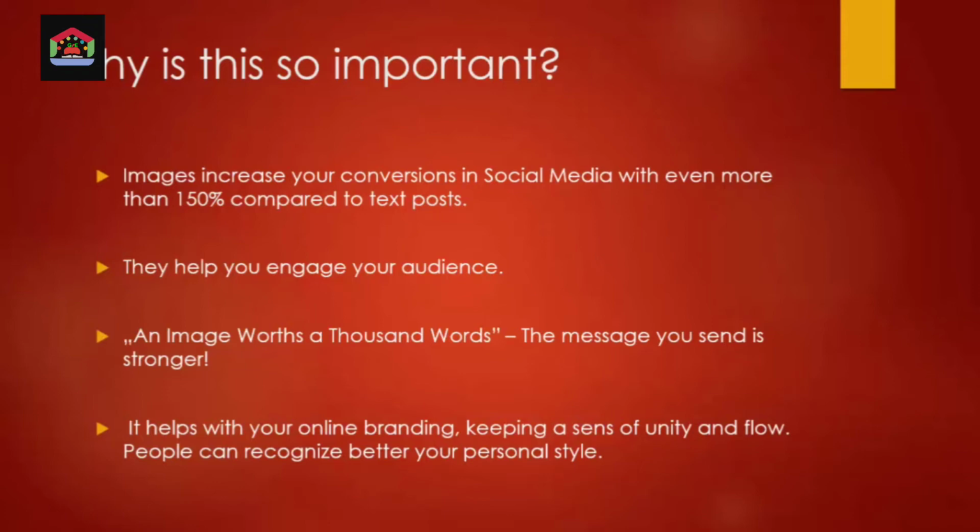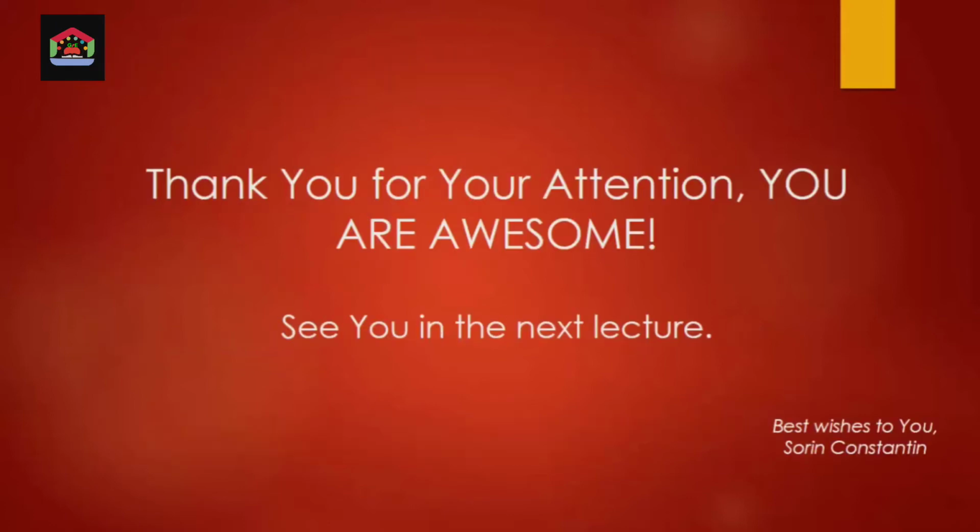Okay, even if it's for personal branding, it's keeping a sense of unity and flow. People can recognize your personal style better if you use a certain style, which is called a brand system for recognition. Practically, that means using the same colors all the time, using a logo and other things like that. But images help a lot to keep a sense of unity of your brand and to make people recognize you much better.